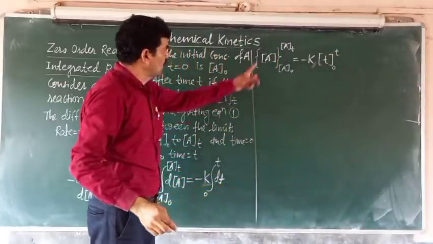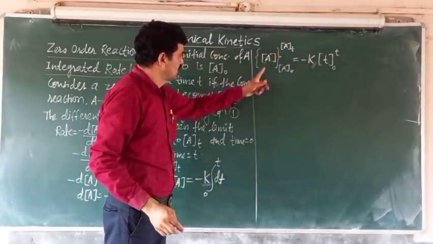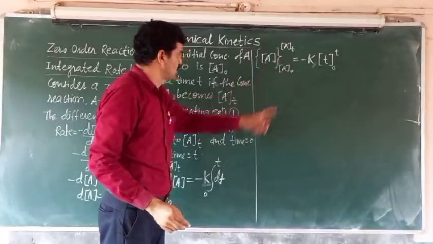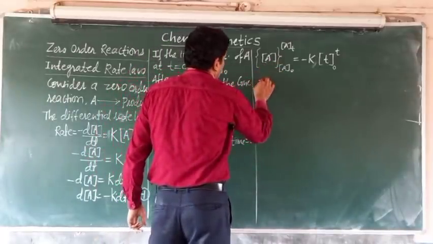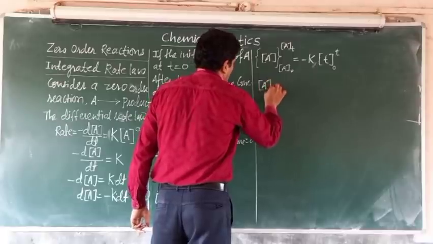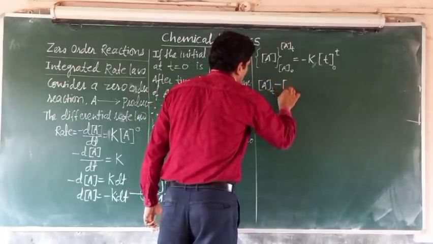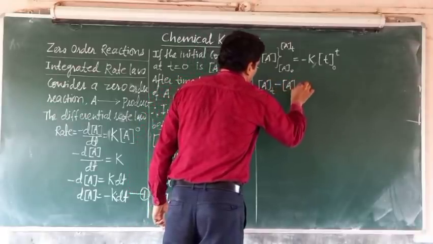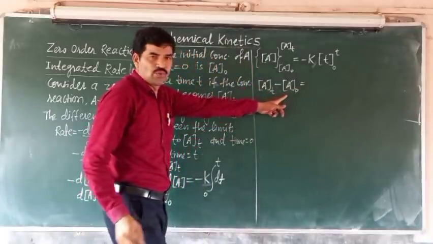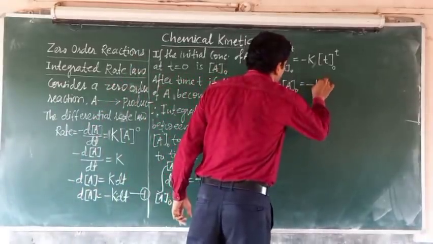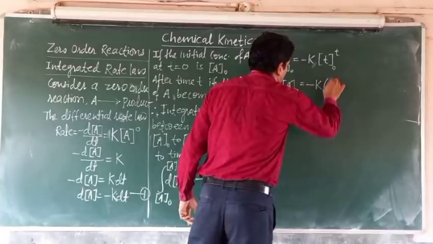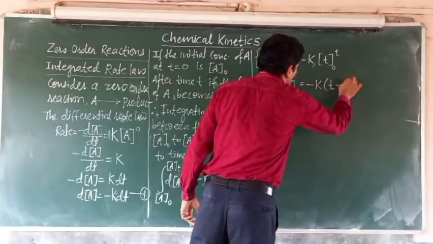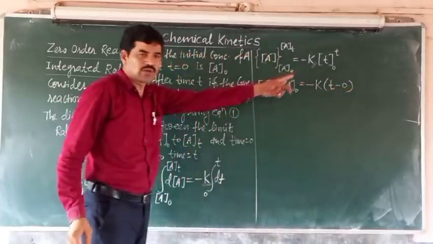Now when we put the upper limit, the negative sign, and then lower limit, we get At minus A0 equal to minus k into t minus 0, upper limit minus lower limit.